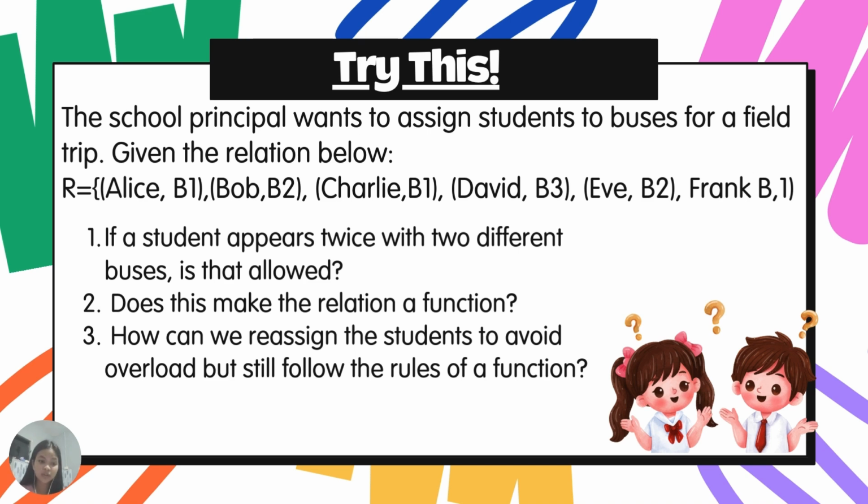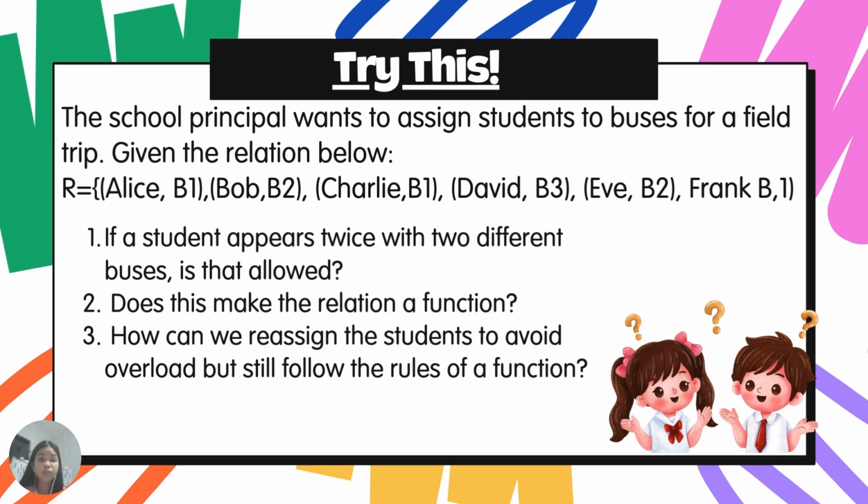So what are the rules of a function? The domain cannot be repeated. However, the codomain can be repeated. So one input for one output.